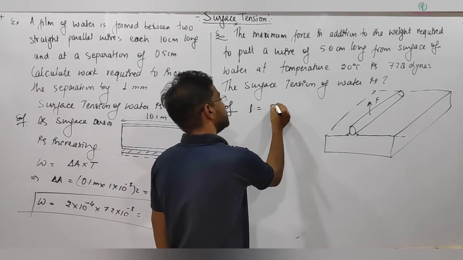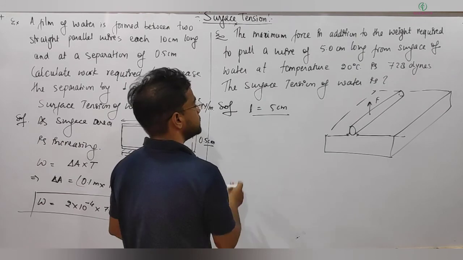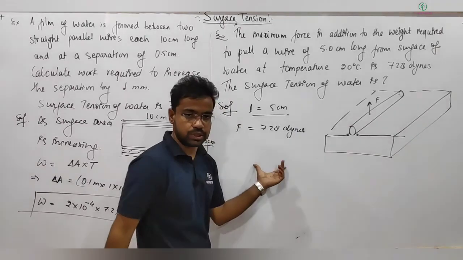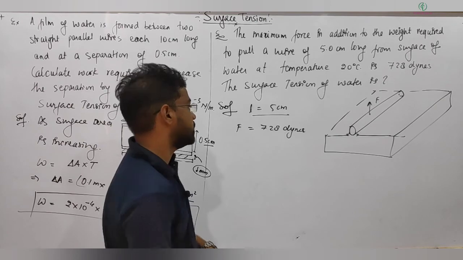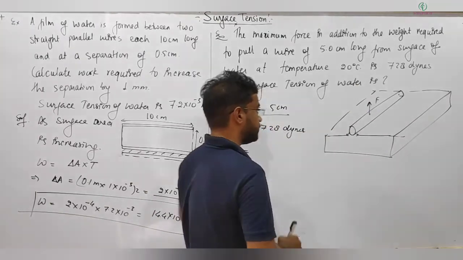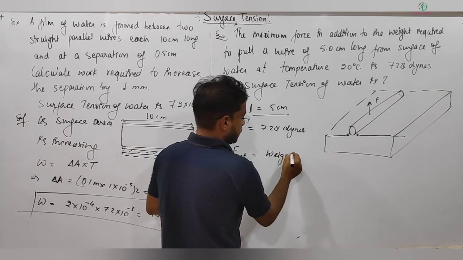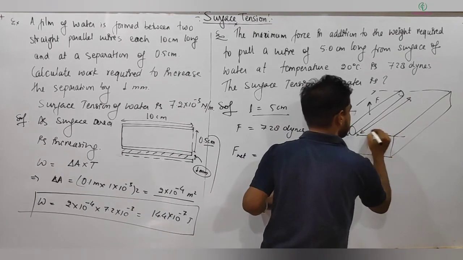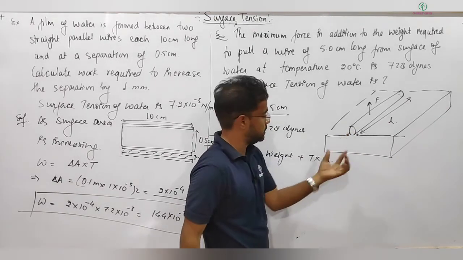So the length of the wire is given as 5 centimeter, from the surface of water at 20 degrees Celsius. The force required is given as 728 dynes. This is in CGS unit, so we will take everything in CGS. And it's asking about the surface tension of water. So beside weight, F net will be equal to weight plus surface tension T multiplied by its length, let's say L, then multiplied by 2, because one L this side, another L this side, so that will be 2L.